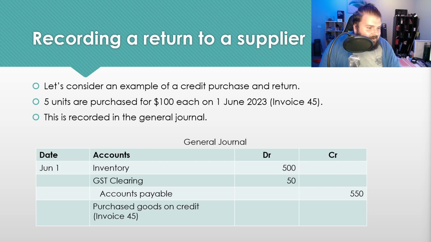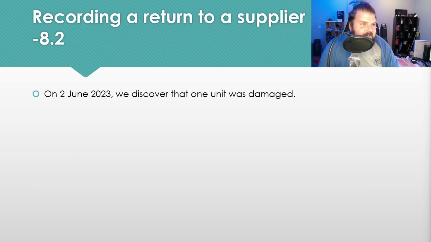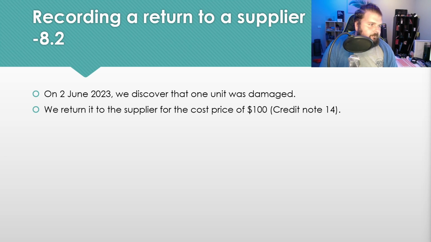But let's consider, and keep in mind that this is 8.2, that one of the units that we purchased was actually damaged. So we return it, and the cost price for us is $100. And we've been issued a credit note 14.